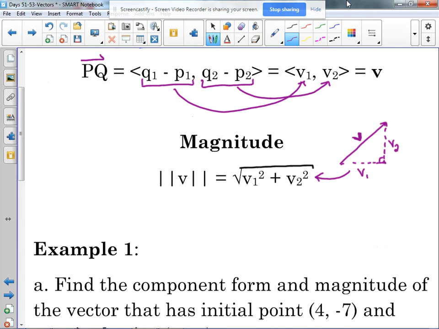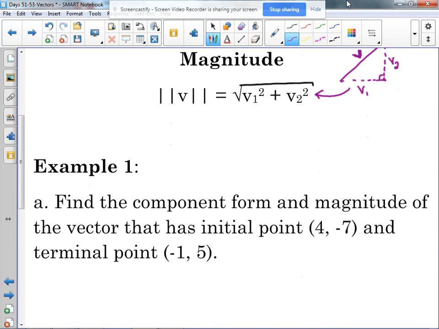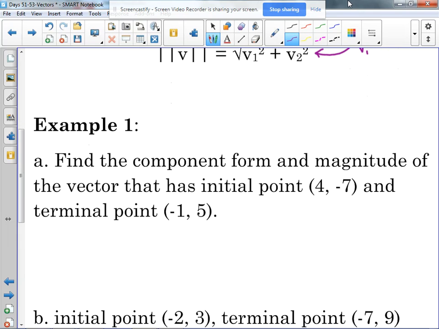All right, so let's actually apply these formulas here. Find the component form and magnitude of the vector that has initial point 4, -7 and terminal point -1, 5. So if you need to label them, P sub 1, P sub 2, Q sub 1, Q sub 2. It's not particularly necessary, but if you would rather, that is fine.